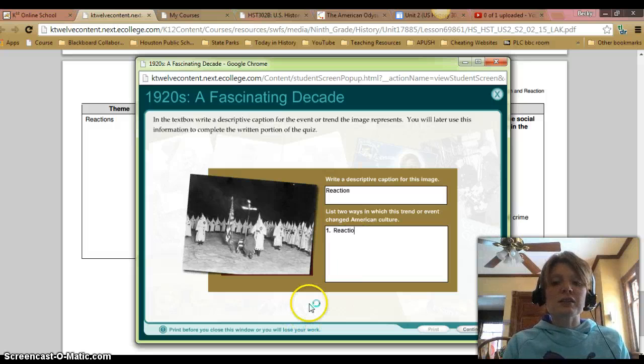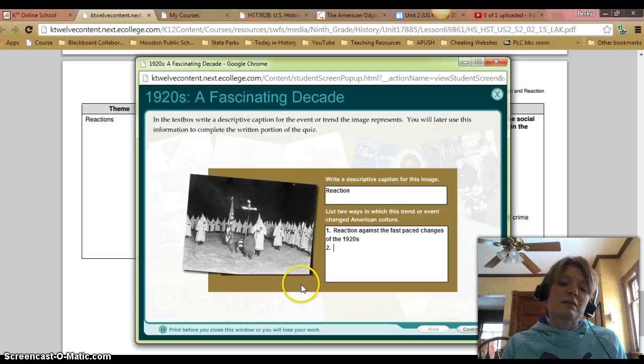All right, so let's just summarize this as a reaction against the fast-paced changes of the 1920s. Science versus creation.